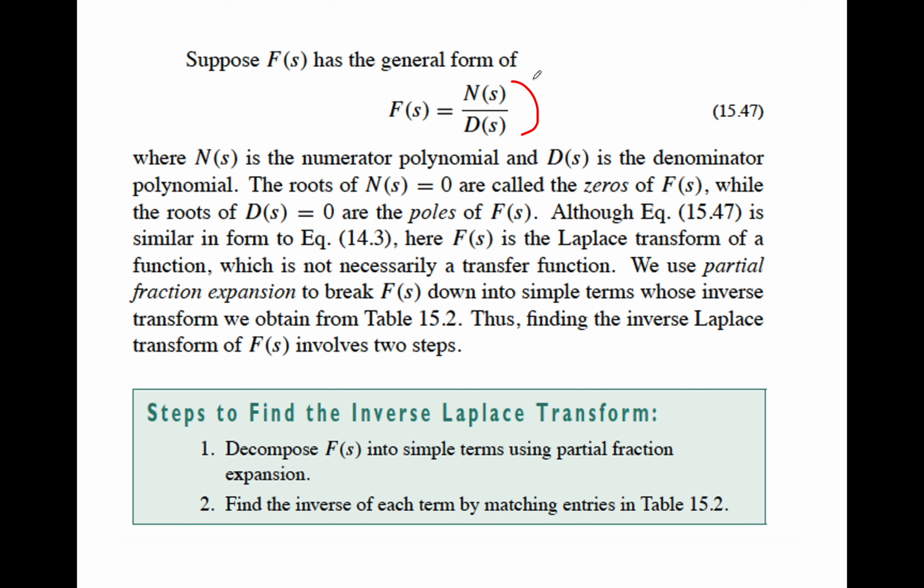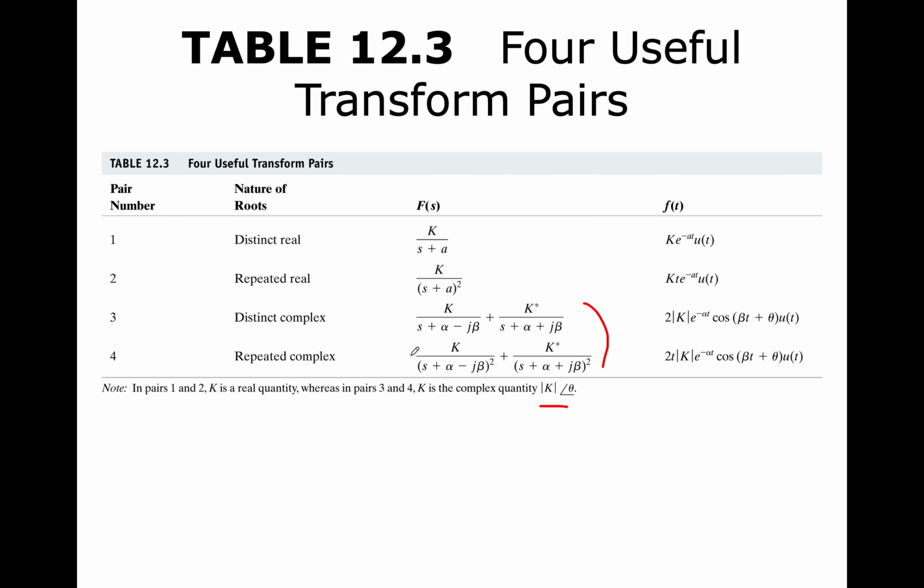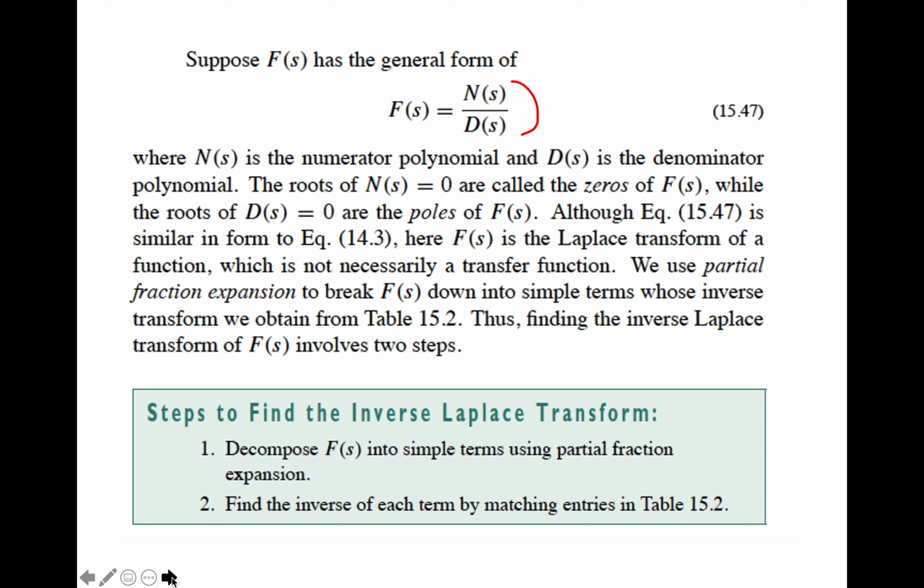So as you know, the previous example where I looked at a particular differential equation, it does not come out in a form that you can conveniently find usually on these tables. So you don't get nice k over s plus a most of the time.